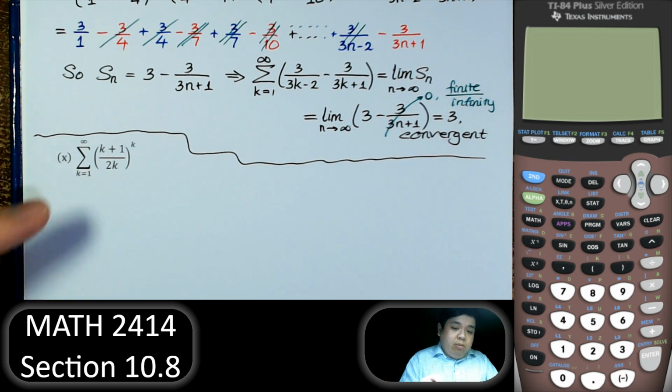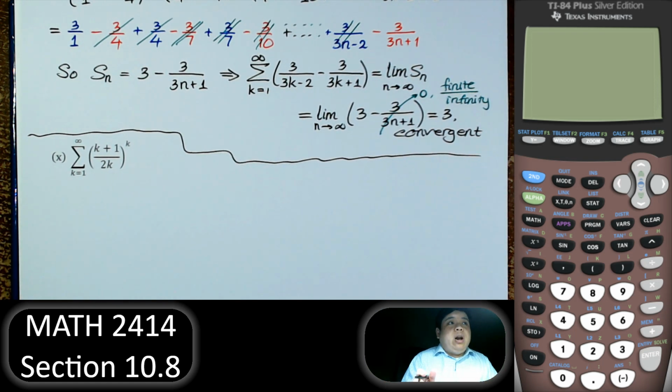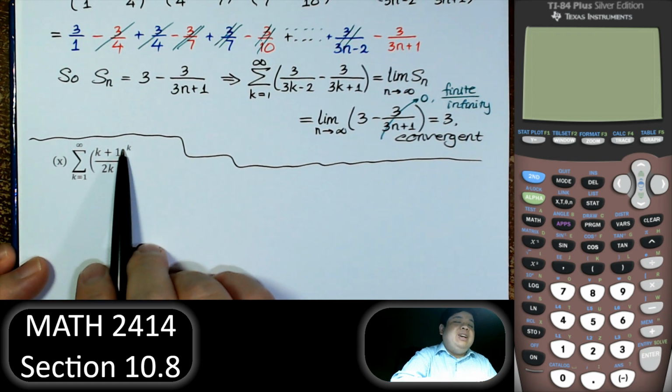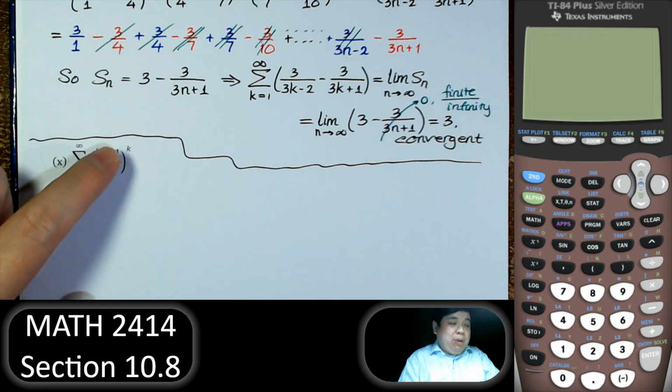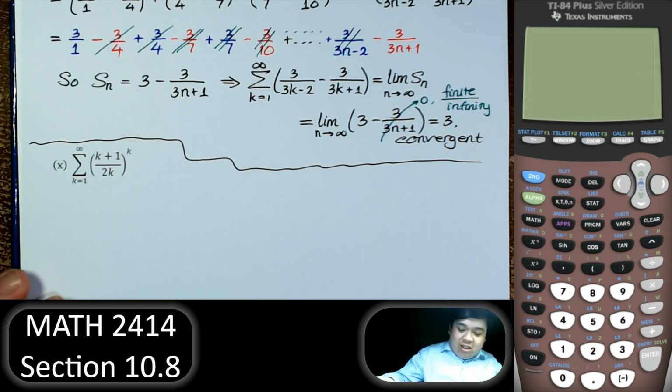Next, we're going to do this. Now this one is obvious because of the power of k. I say obvious a lot, but in this case it is, when we have the power of k. This is the root test.